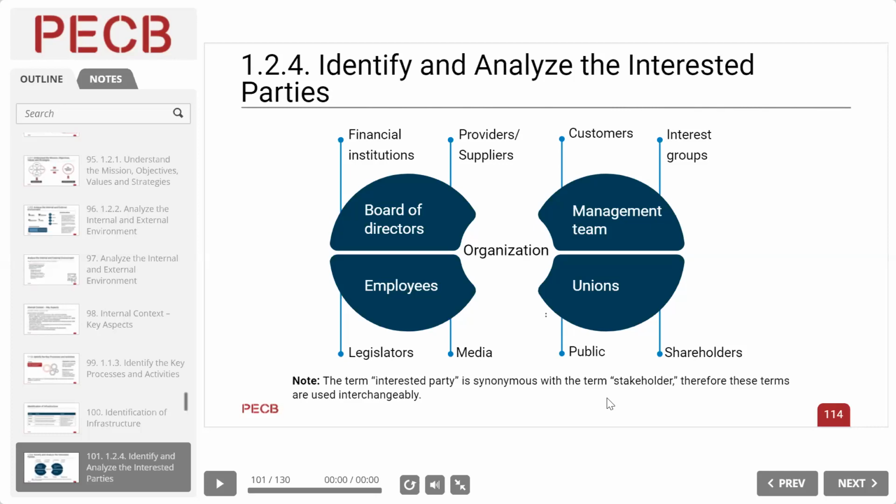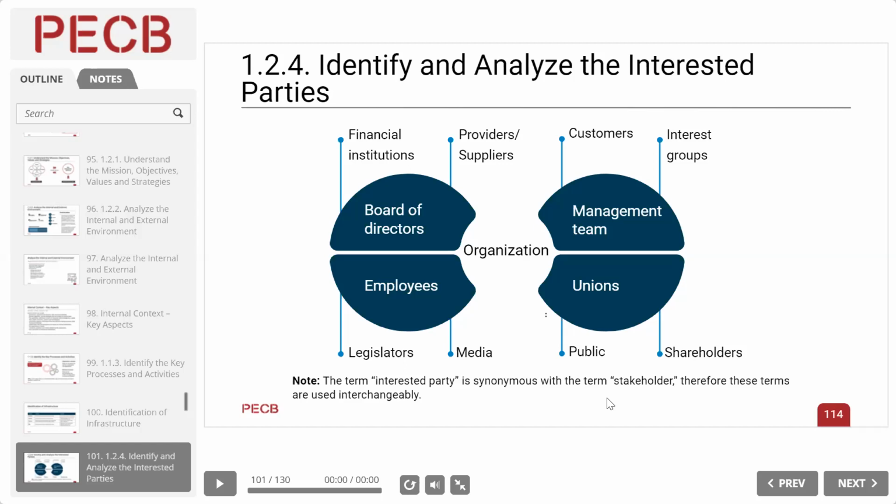The next level could be your financial institutions, who your bankers are, who your insurance companies are, and stuff like that. Your providers, your suppliers, your customers, other interest groups. Interest groups could be professional associations that you work with, any other residents associations, area associations.